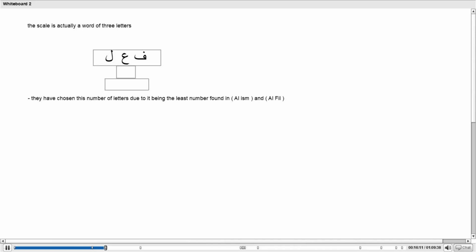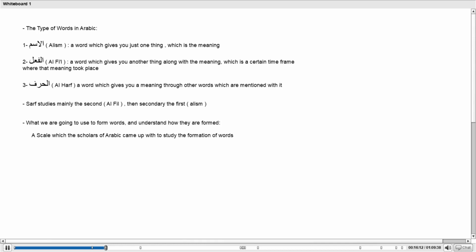By the way, al-ismu is the noun. It is somewhat equivalent to the noun in English. And al-fi'l is the verb. Actually, we forgot to continue here. Al-ismu is a word which gives you just one thing, which is the meaning. For example, the sun: ash-shamsu is an Arabic word.